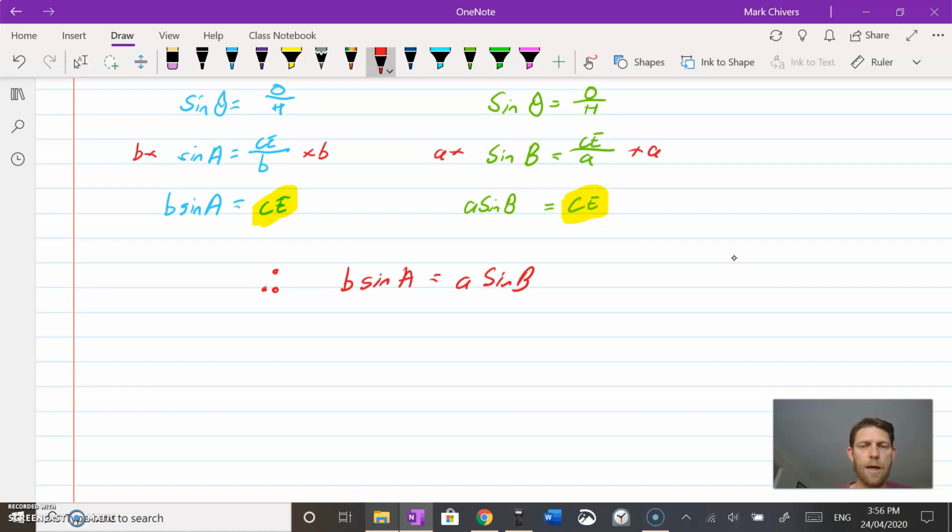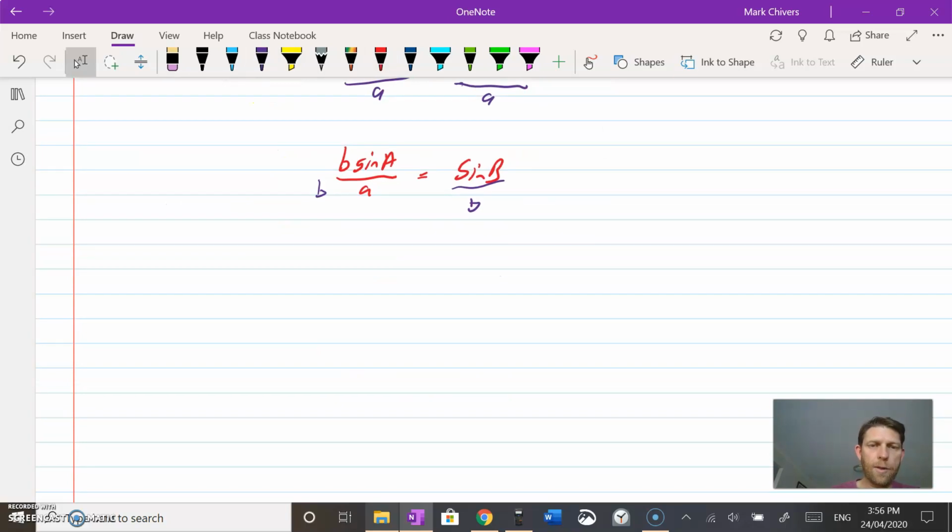So if we divide both sides here by a, then we're going to end up with b sine A over a equals sine B, and then we'll divide both sides by b. So I'm going to divide by b on this side, I'm going to divide by b on this side, and I will end up with sine A on a equals sine B on b, which is our sine rule.